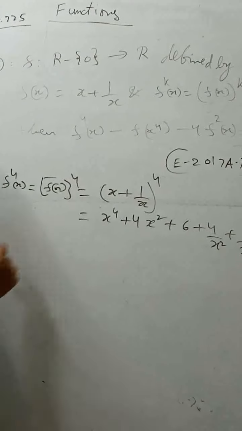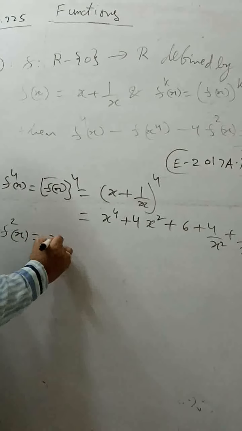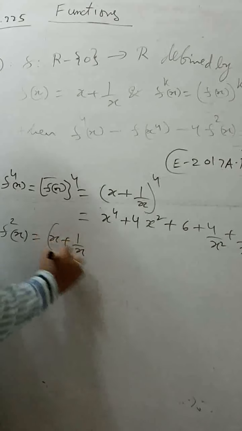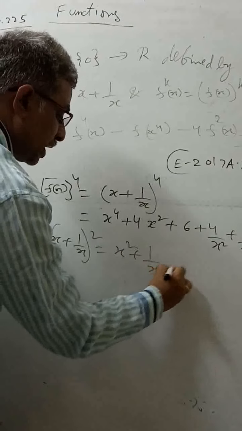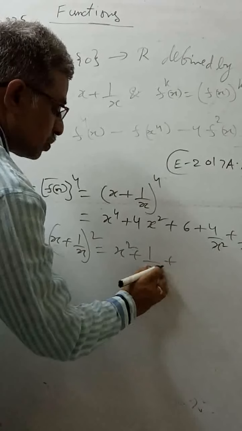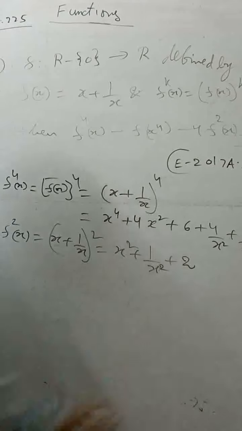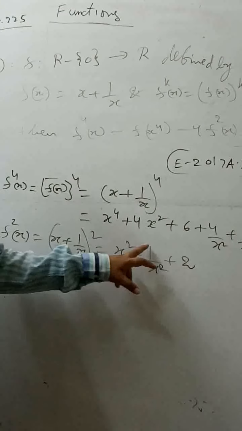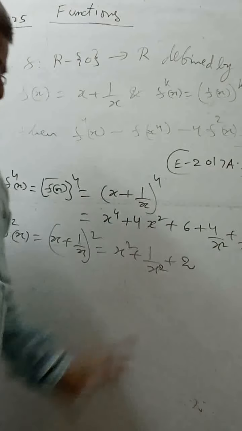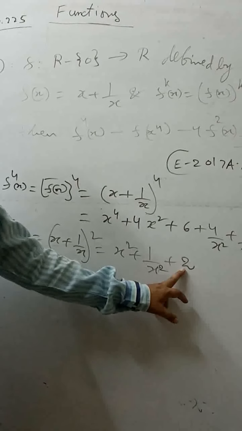Now he is asking all those. So find f square of x also. f square means x plus 1 by x whole square. So this is x square plus 1 by x square plus 2ab, 2 into x into 1 by x gets cancelled, becomes 2. Square of this gives you this answer. x square whole square is x power 4, 1 by x square whole square is 1 by x power 4, 2 square is 4.